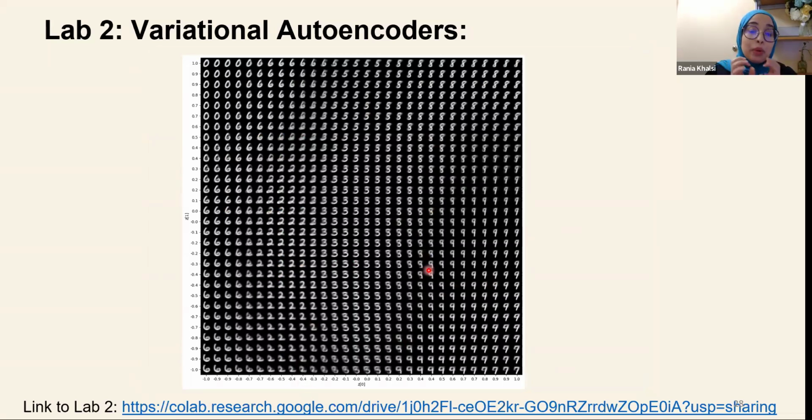The only thing is that now we are implementing a variational autoencoder. Okay, so the theoretical things you are understanding in this video, when you are going through the lab, you are going to see them implemented, okay? And this lab is going to help you display a grid of sampled digits, like the one you can see here. And you are also going to display the latent space clusters for different digit classes, okay?